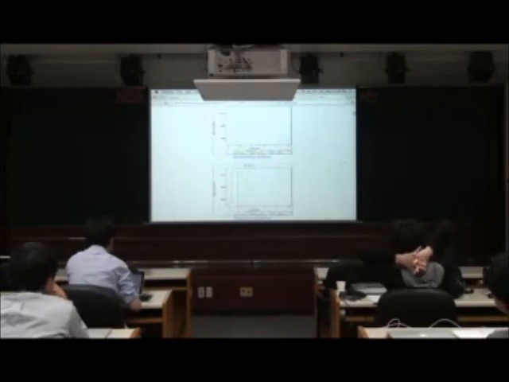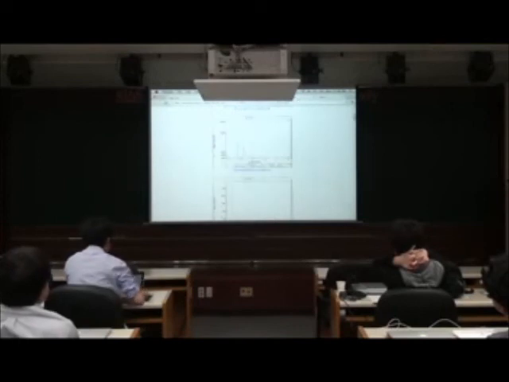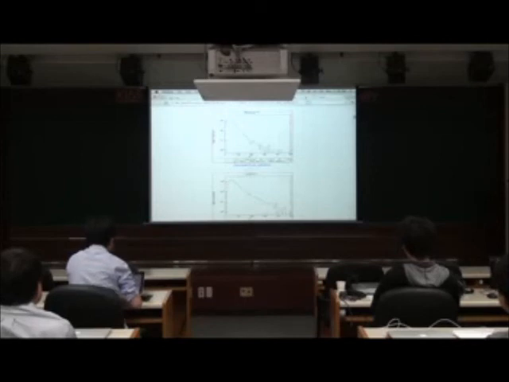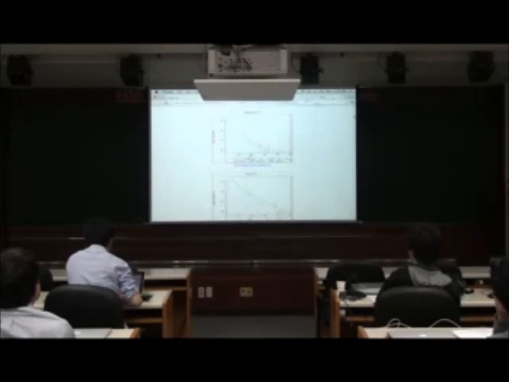Then we can start comparing other plots. In particular, something very interesting to compare is the missing ET. The missing ET, as I told you, comes from the neutrino. So you would not expect the showering or hadronization to have a big effect on missing ET. And indeed, when you look at these plots, they look almost identical. The scales are different because this is in cross-section and this is in convolution.